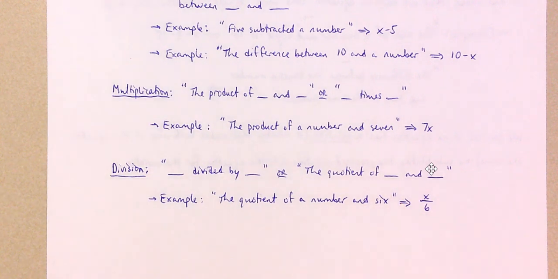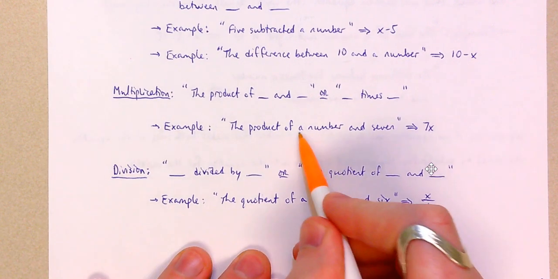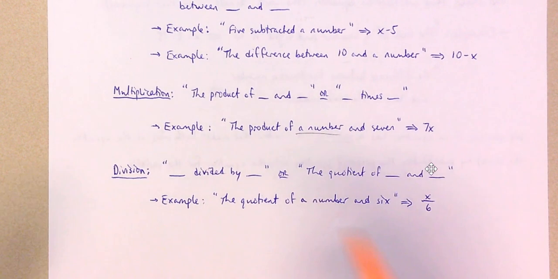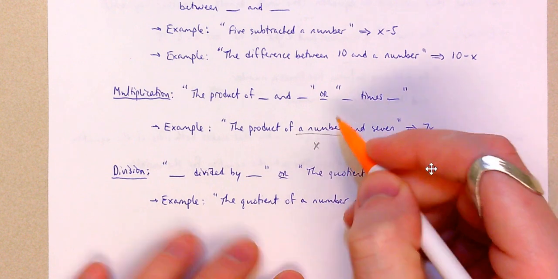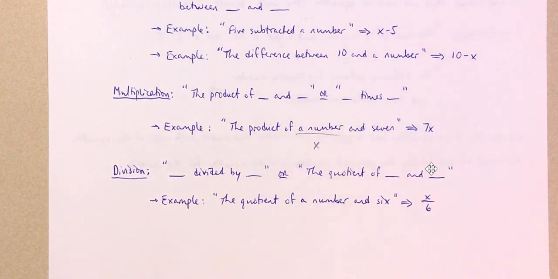If you see the product of a number and something else, this phrase right there, a number, is a common phrase that we use to stand for any variable, which I chose in this case x. So if you see a number, that's an unknown number. It's this unknown quantity that should make you think, okay, variable.